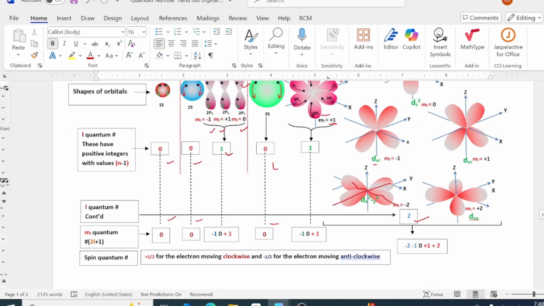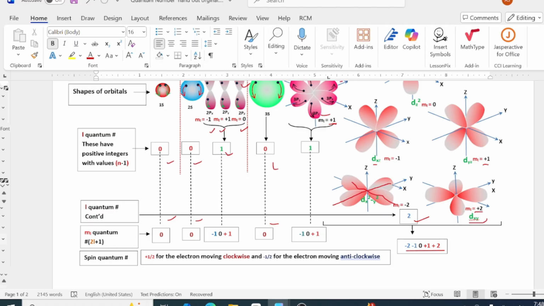We have now to give the magnetic quantum number, and because you have 5 of them, you have 5 different magnetic quantum numbers here. Negative 2, negative 1, 0, positive 1, and positive 2. And again, I have arbitrarily assigned some magnetic quantum numbers to these different d orbitals here.